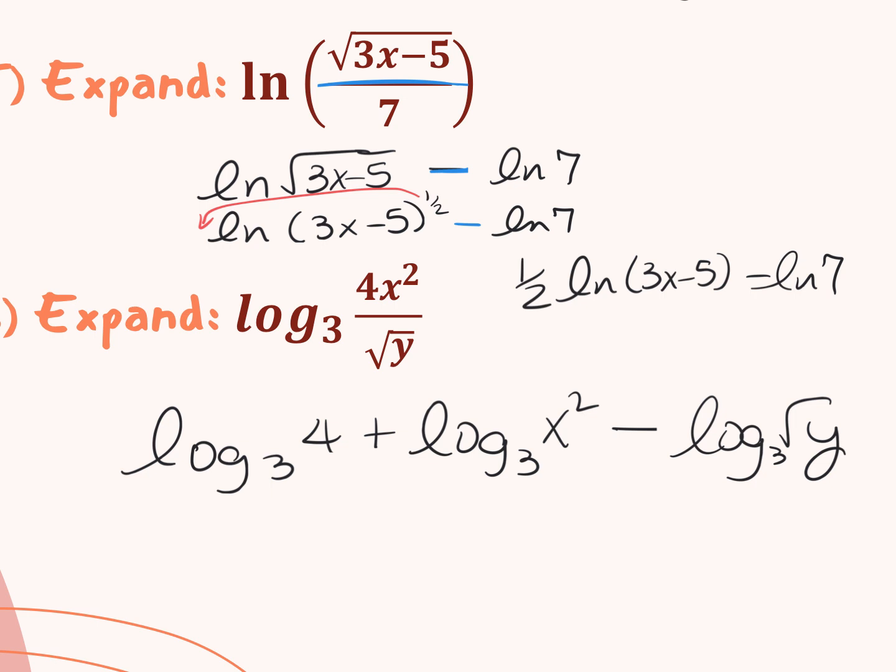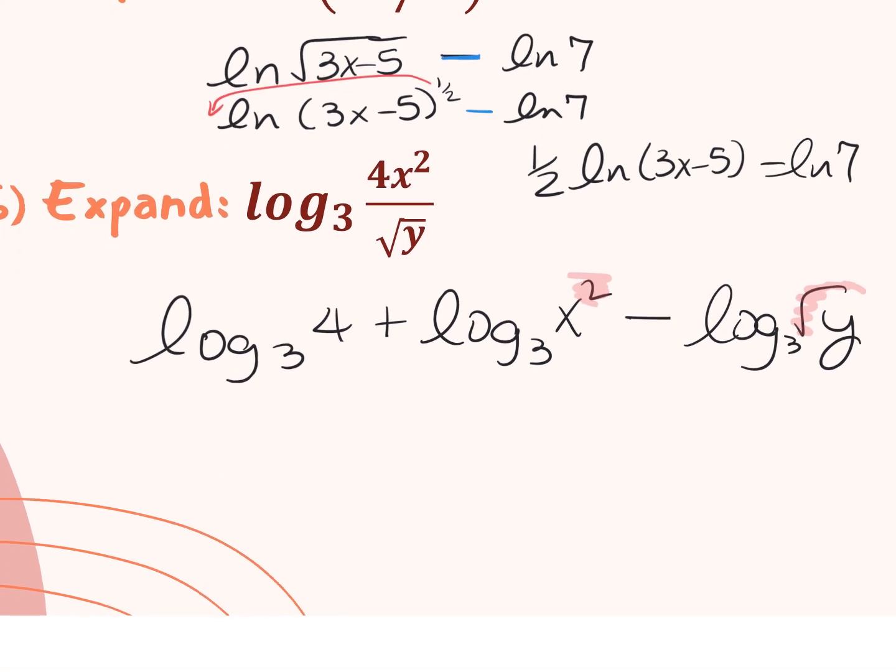And then now I have to take care of the square root symbol and the exponent. So I have to move this to the front and then also change this radical to a 1/2 power. So it'll become log base 3 of 4, move the 2 to the front.